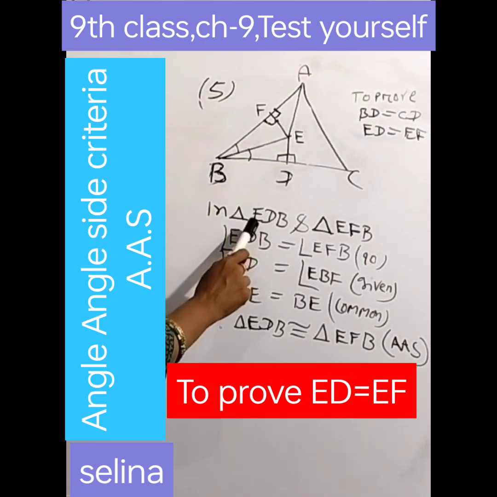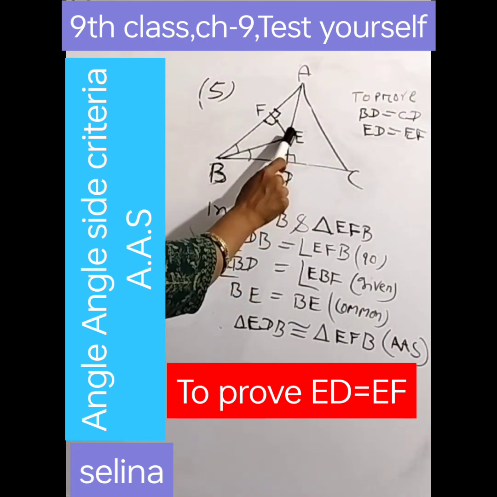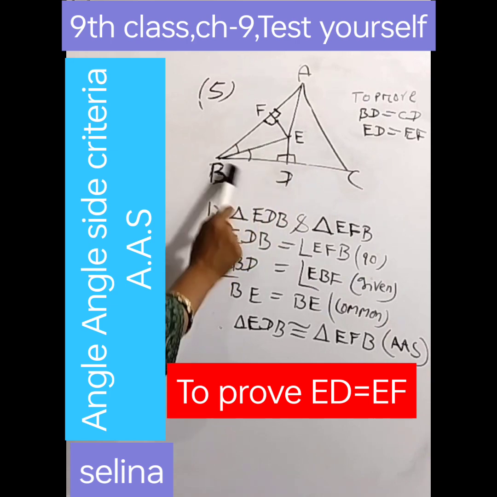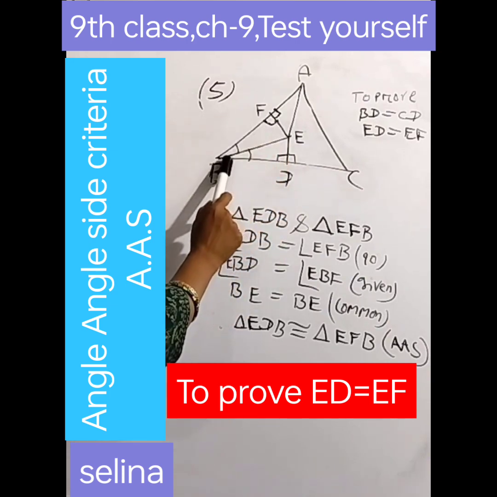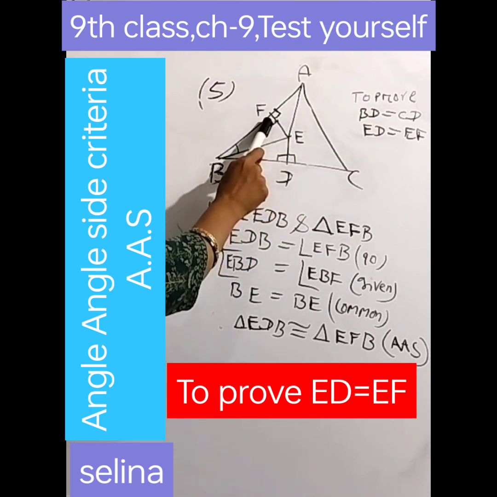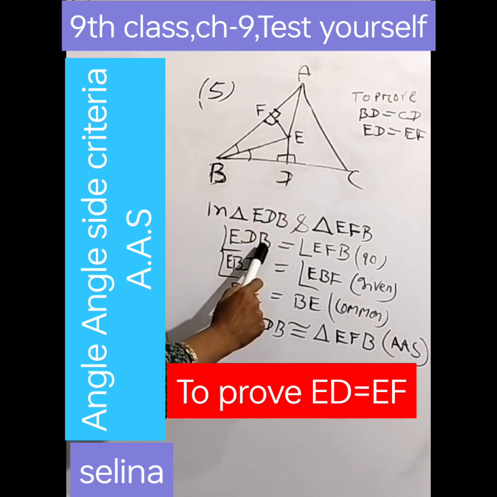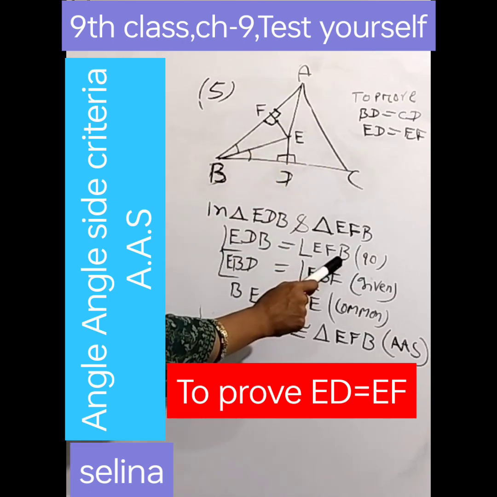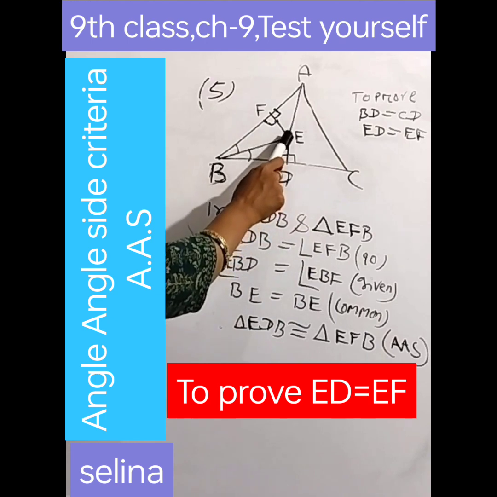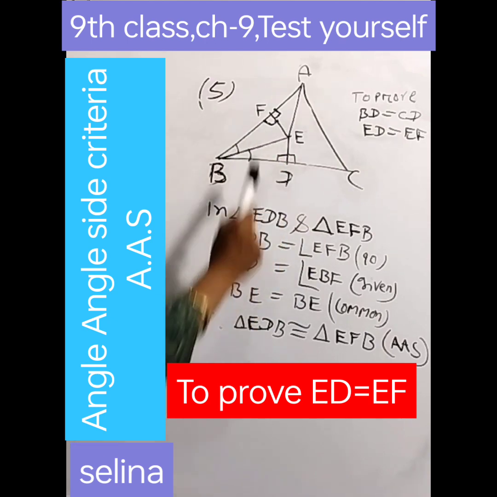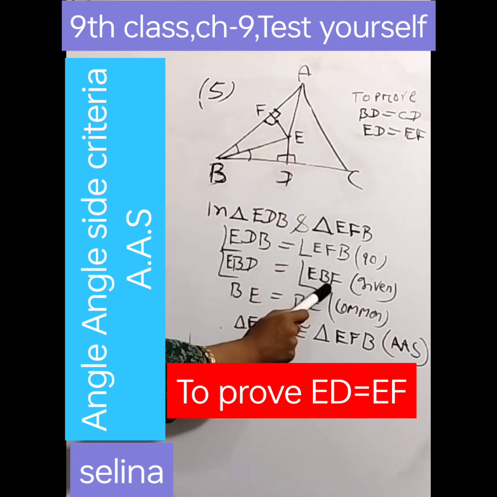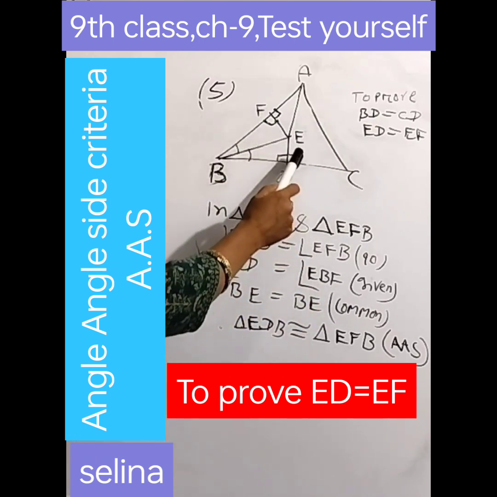So in triangles EDB and EFB, angle EDB equals angle EFB, that is 90 degrees, and angle EBD equals angle FBE, that is EBF or FBA, same.